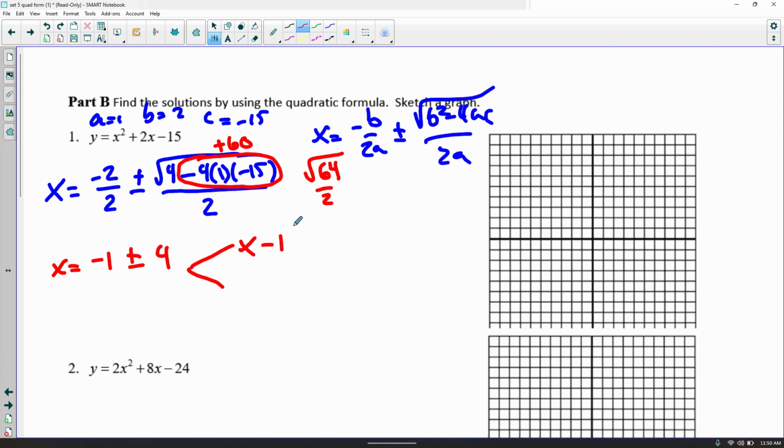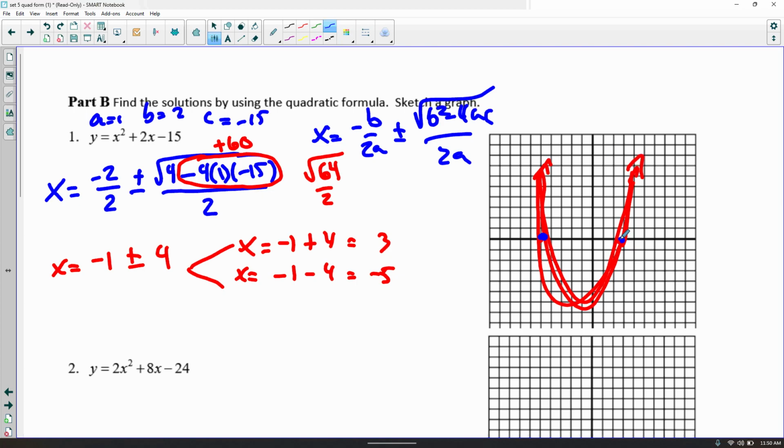They're conjugates of each other. -1 plus 4 and -1 minus 4. Do you have any questions on that? 3, -5. There's my parabola. What do you notice?